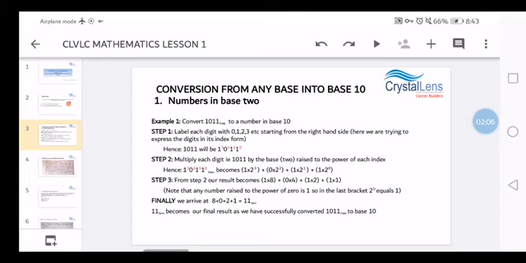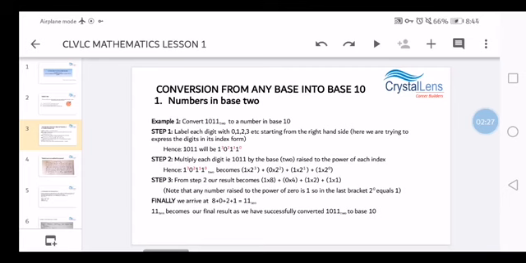I'm going to label each digit with 0, 1, 2, 3 for as many digits as I have in the problem. I'm labeling it with 0, 1, 2, 3 because I have just 4 digits there. I start from behind, that is the right hand side, and the number I have from the last point there is 1.